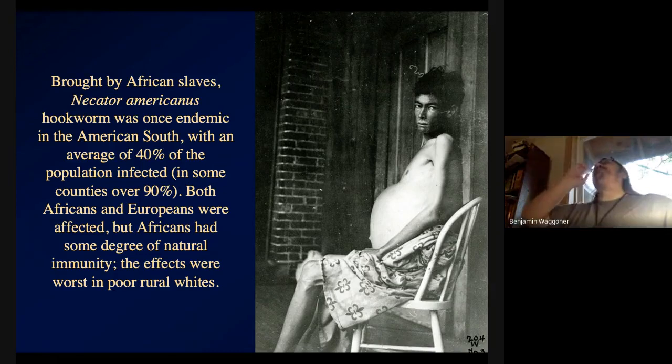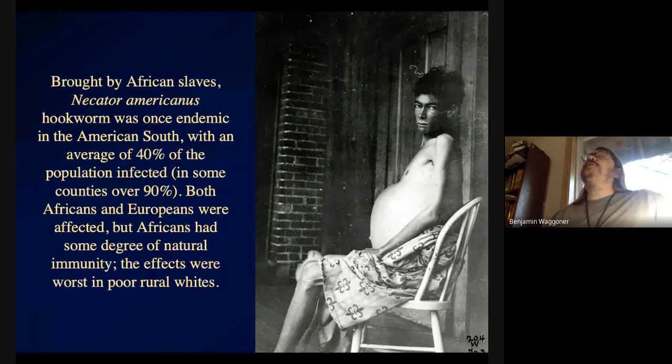And you have to remember, the eggs pass out in feces, and the larvae hatch and molt a couple of times, free living in the soil. And then the filariform L3 larvae leave the soil and penetrate into human bare skin. In the rural American South, in many areas there weren't even outhouses, or if there were, they weren't dug deeply enough.